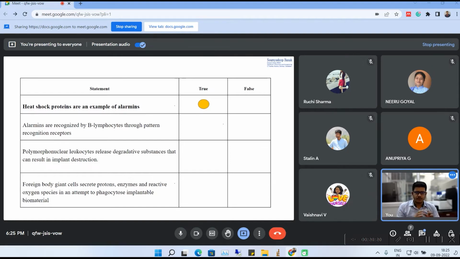Alarmins activate what kind of cells? If alarmin is not there, it is DAMP. What would be the correct answer, true or false? If instead of alarmins we write DAMP, will it be true or false?